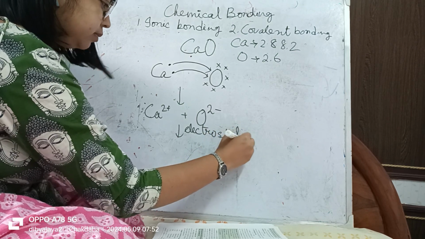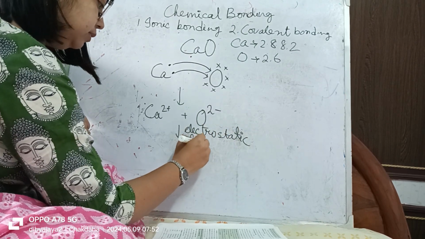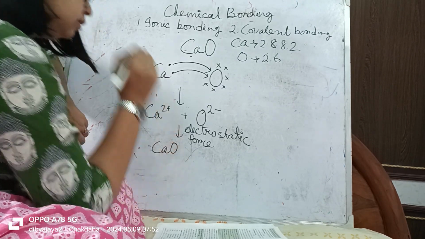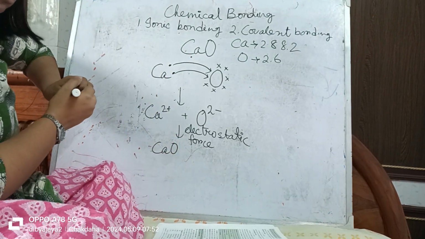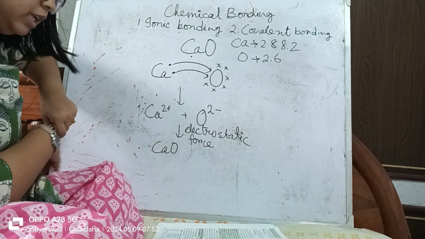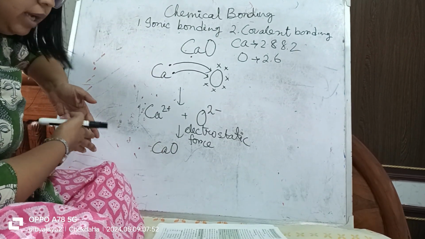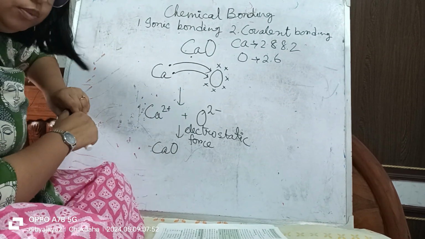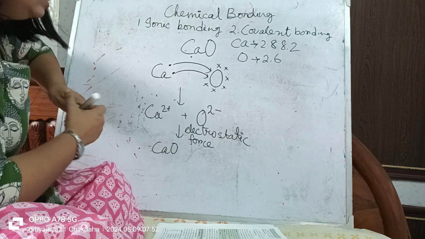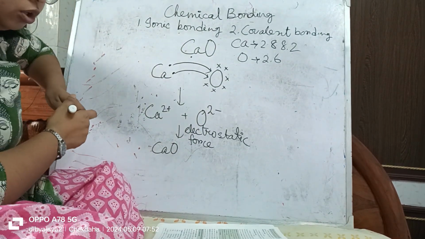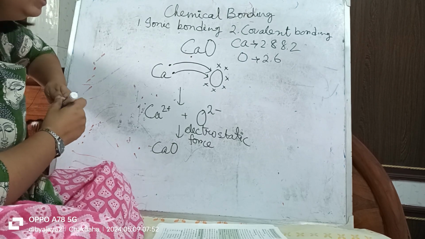Then calcium oxide is formed. Like this: potassium bromide, calcium chloride, magnesium chloride. Formation of magnesium chloride is given already in your book. Okay, this type of representation is called electron dot symbol or Lewis symbol.